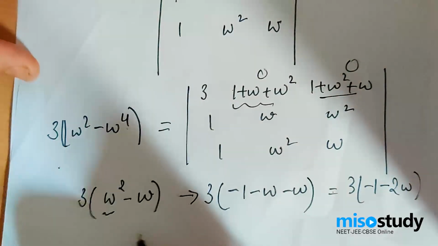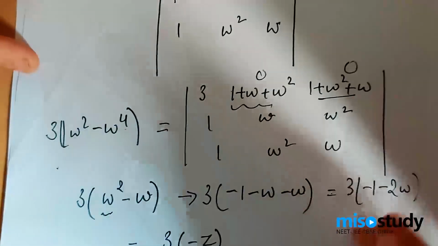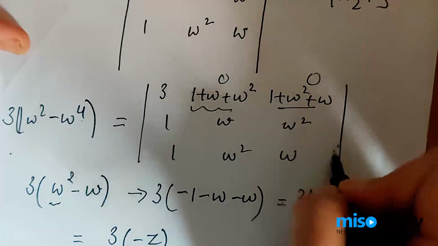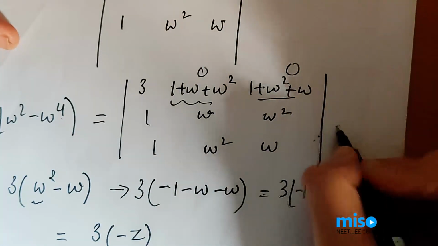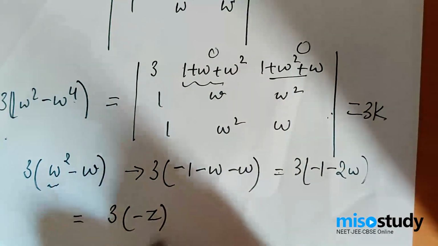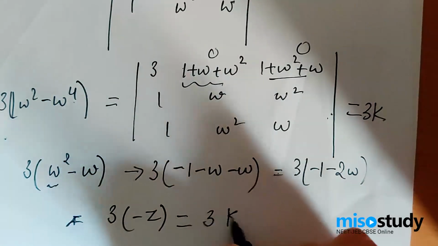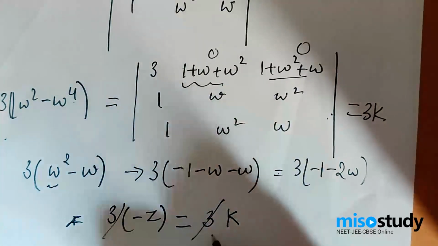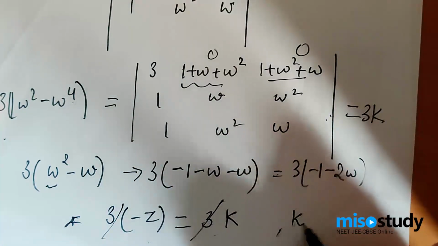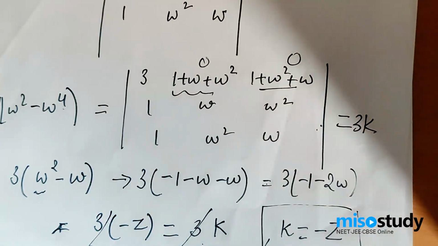So therefore this is equal to 3 into minus z, and the value of this entire determinant is given equal to 3k. But I solved this out to be 3 into minus z, and if I equate 3 into minus z with 3k, I will have my k equal to minus z, which is my answer to this particular question. I hope you're clear with this one.